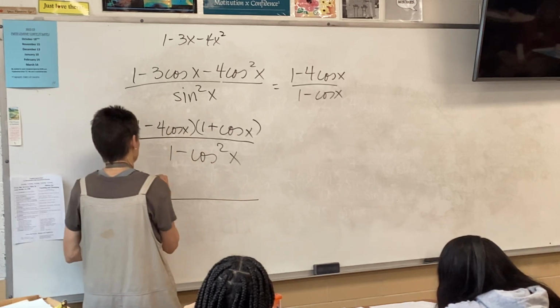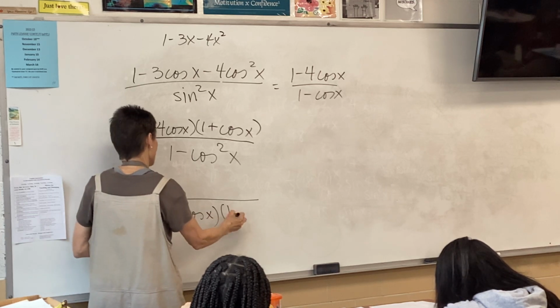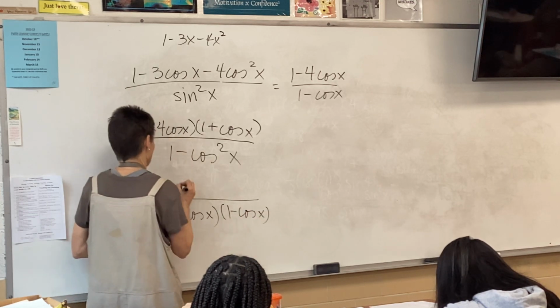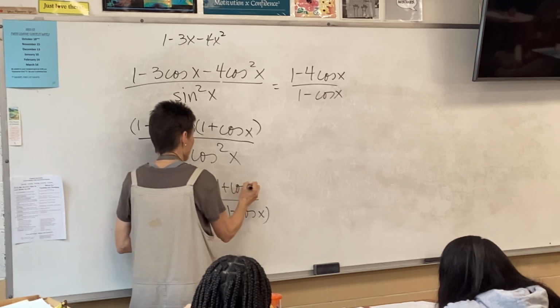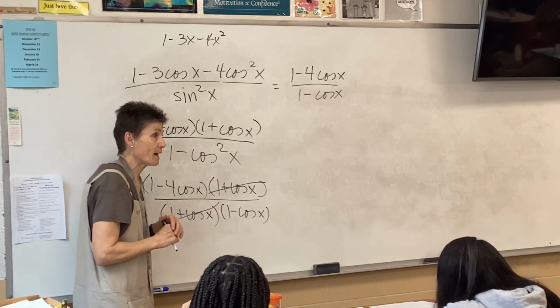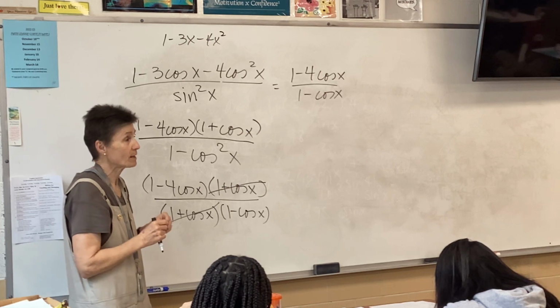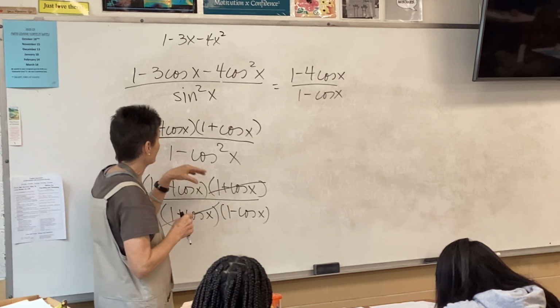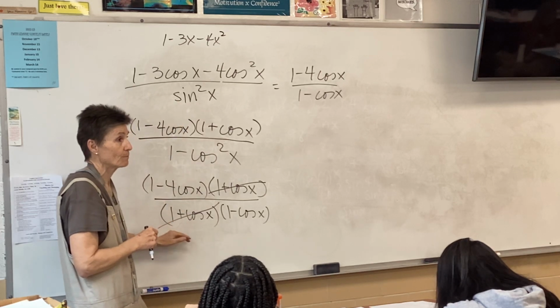How? 1 plus cosine, 1 minus cosine, in either order, doesn't matter. There you go. And what's going to happen? Those are going to cancel. Remember, you do not cancel until you factor. You have to factor before you cancel. So don't be thinking anything's going to cancel until this step right here, when you get a factor.